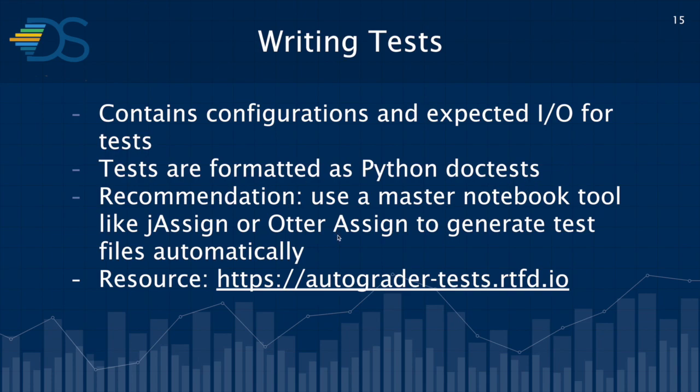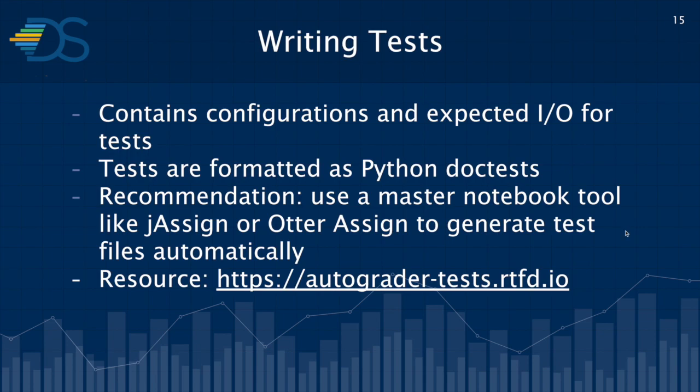And then our recommendation for the easiest way of doing this is to use a master notebook tool like JAssign or AutoAssign that will generate these test files automatically, and they abstract away the need to figure out the doctest format and exactly what configurations you need. All of these are done using sensible defaults and code that was written just to make life easier for instructors.